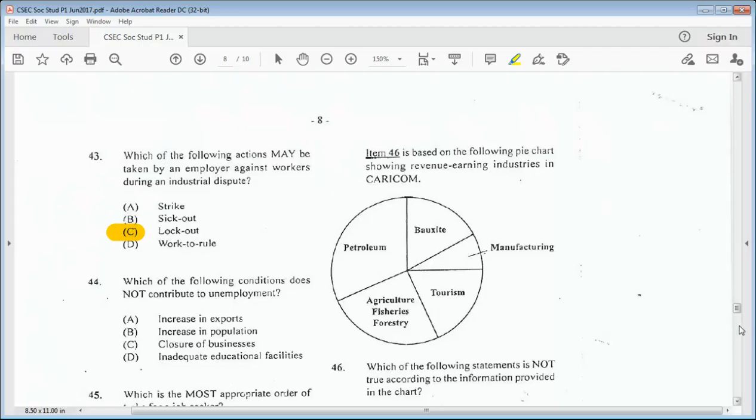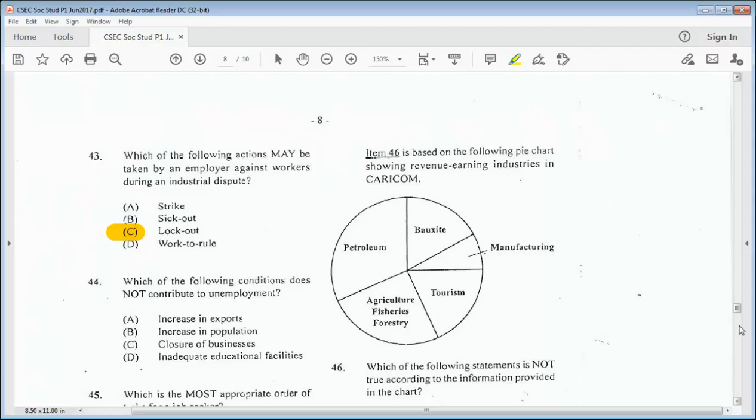Let's move on to 44. Which of the following conditions does not contribute to unemployment? A, increase in exports. B, increase in population. C, closure of businesses. And D, inadequate educational facilities. So it says the condition that does not contribute to unemployment. So increase in exports seems like the answer.